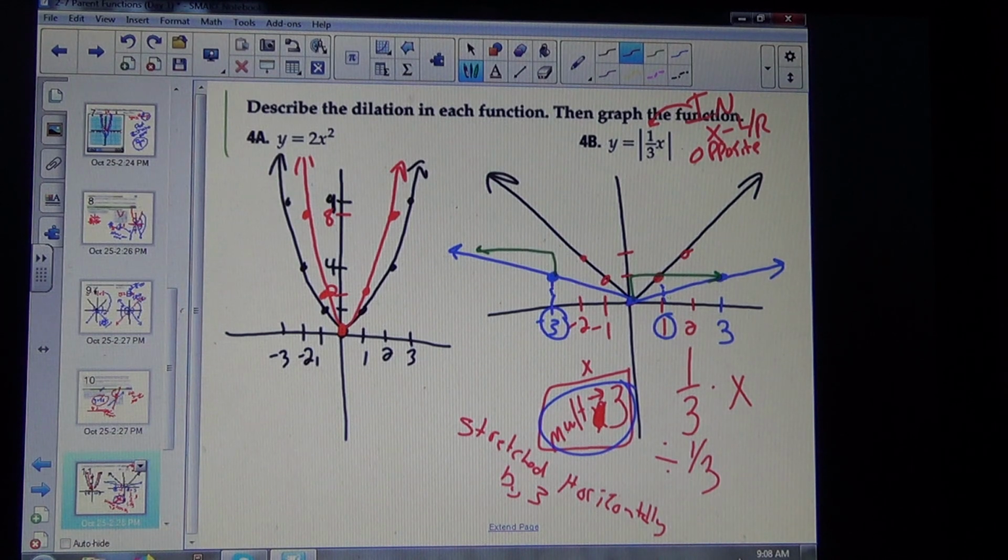Or it's 3 times as wide would be another way of saying it. So the V just got 3 times as wide. Okay, and it's on the x-axis, so that's why it's stretched horizontally. Versus on the y-axis, which like this parabola, this was stretched vertically. 4A was vertically stretched, 4B is horizontally stretched. Okay?